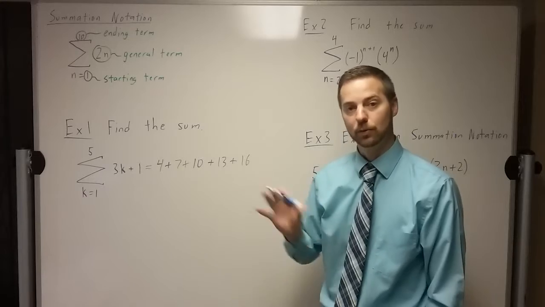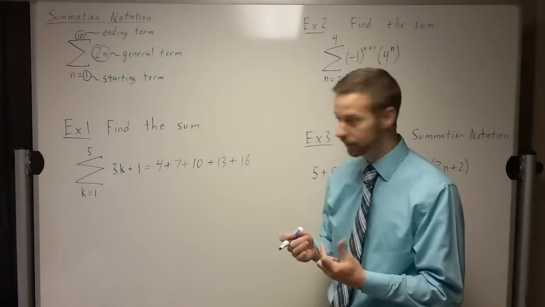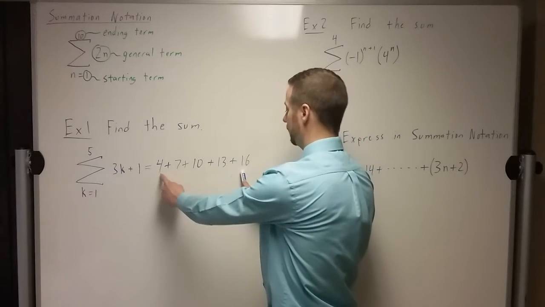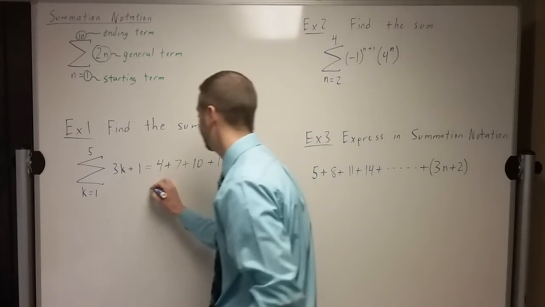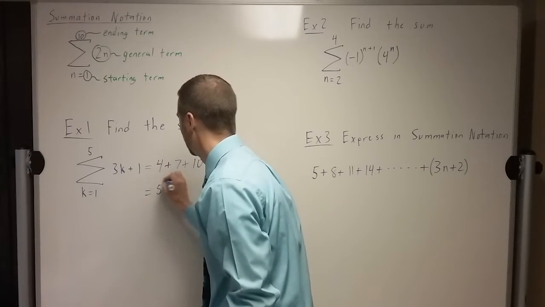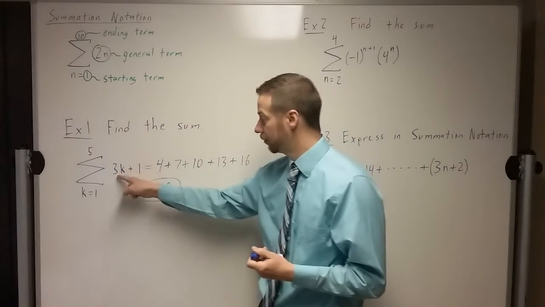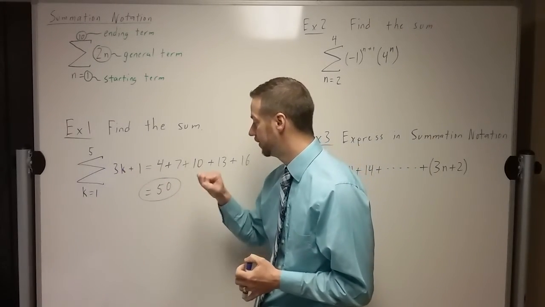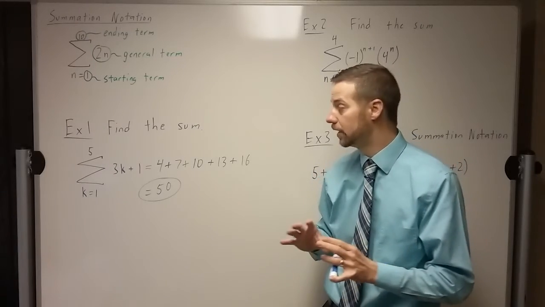That means that's it. We're done. And so just add all these numbers together, and that's our answer to the sum. And so 16 and 4 is 20, 13 and 7 is another 20, so we got 20, 40, another 10, that's 50. Which means the sum of the first 5 terms of the sequence that's 3k plus 1 to get the terms is 50. Alright, so there's how we find the sum of a sequence.